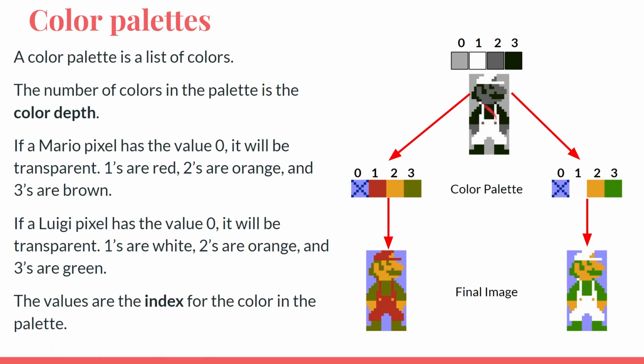You could think of the pixel values, the numbers assigned to each pixel, as an index for a color in a corresponding color palette. And that's how we get a colored image from a list of numbers and a color palette.